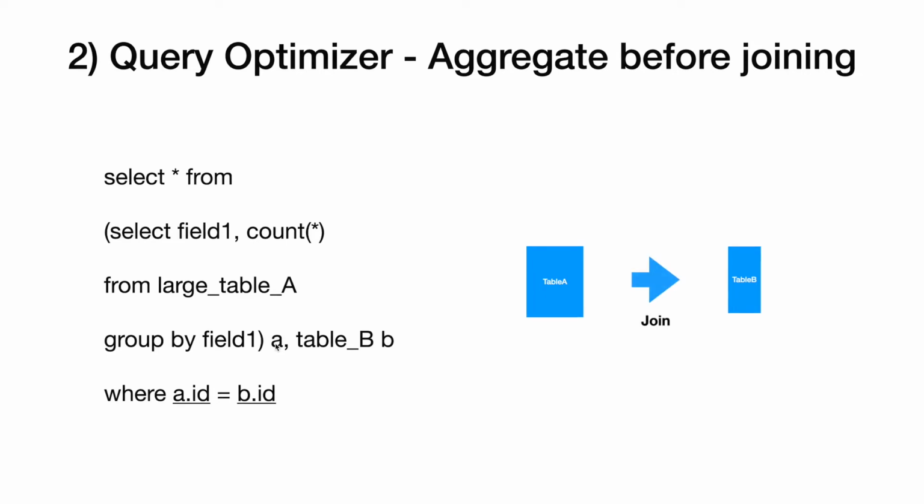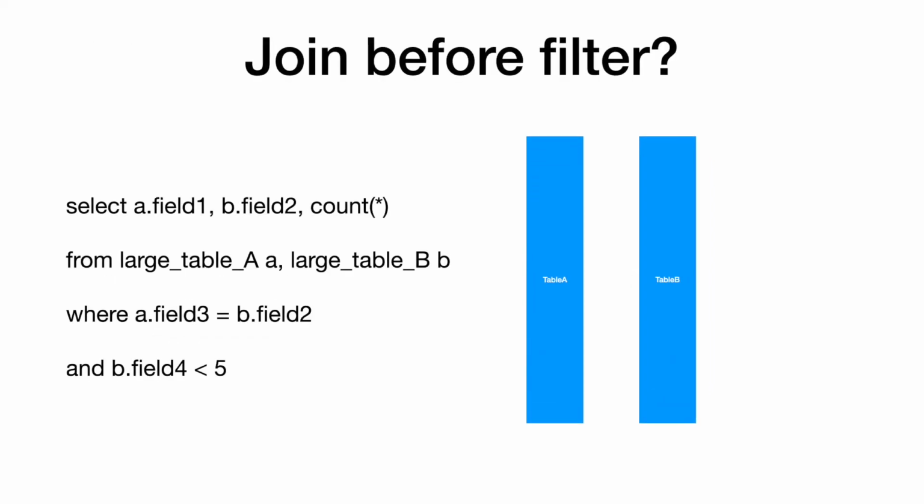So let's take a look at the second example of a very common scenario, which is when you have a filter on a table. In this case, the tables are very large, about 3-4 billion rows each, and I have a filter condition on table B: field 4 is less than or equal to 5. What happens with Druid, in my finding, is that it tries to put both tables in memory and does the join before the filtering.